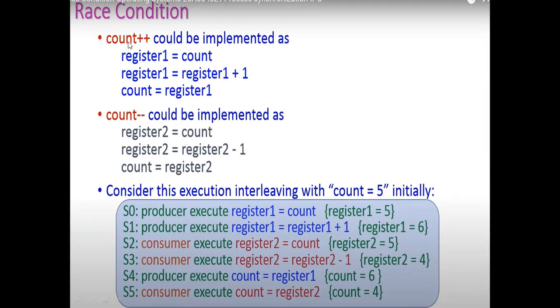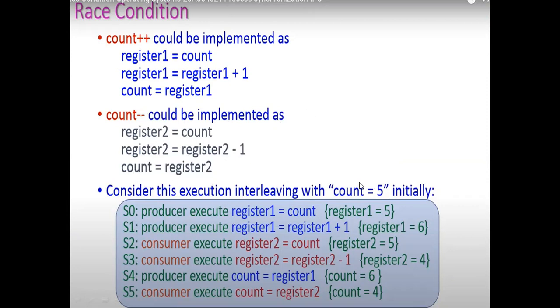In this manner, the count value is incremented when the producer produces the buffer. And the decrement is implemented as: the count value is maintained in register 2, this is decremented and stored in register 2, and the register 2 value is again stored in count. In this manner, the decrement of the count value is implemented.